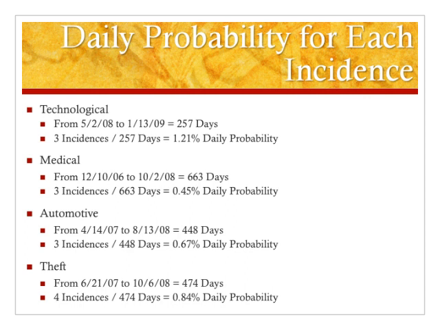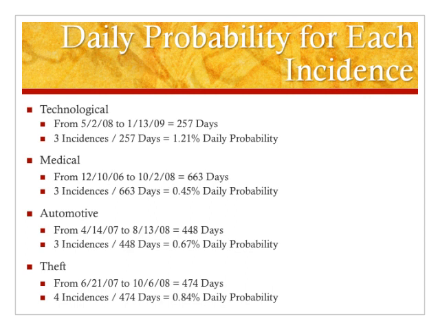Between May 2008 and January 2009, this person had 3 technological issues. That can be attributed to an increased use of computers for college, which is what happened to our particular individual, or at least that's one potential analysis of the increased daily probability.